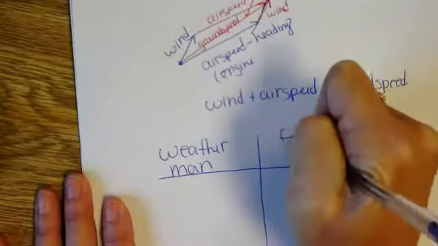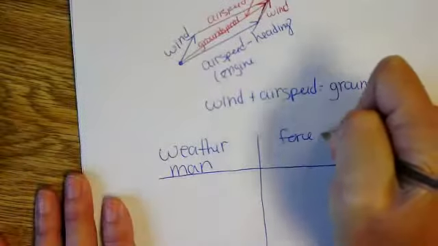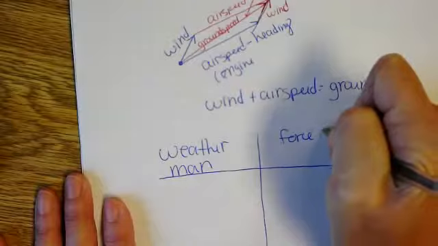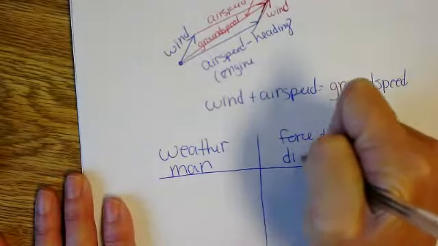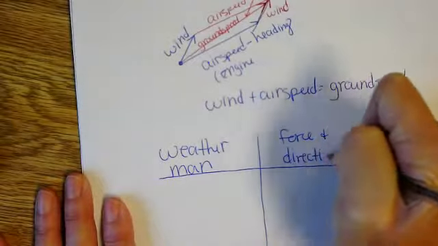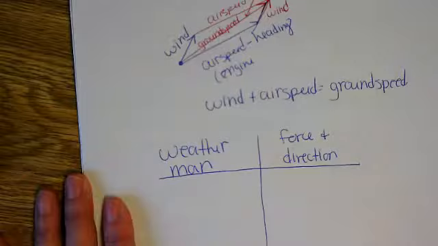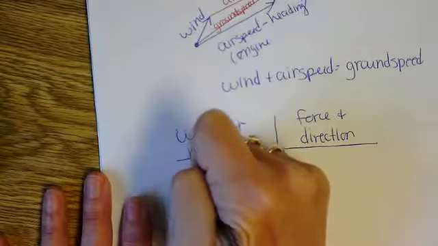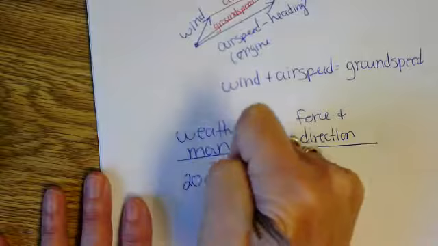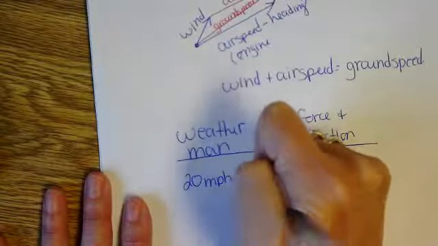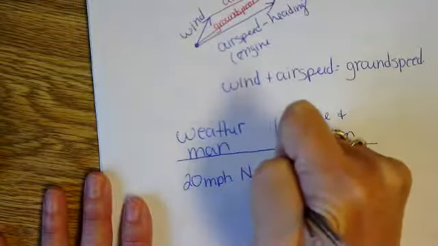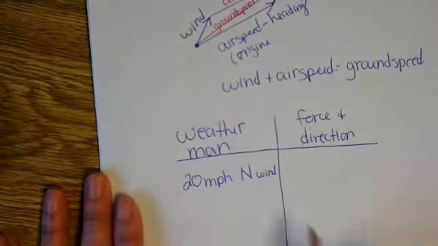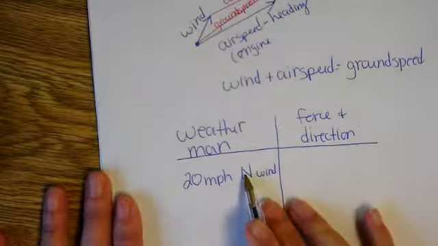So the force of the wind and direction of the wind. If the weatherman says there's a 20 mile per hour north wind today, what he means is the wind is coming out of the north.